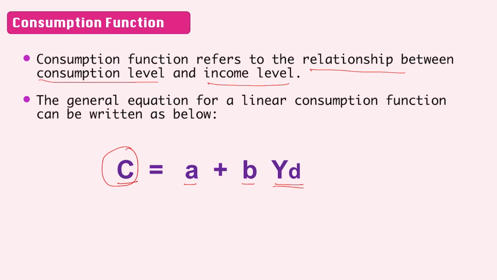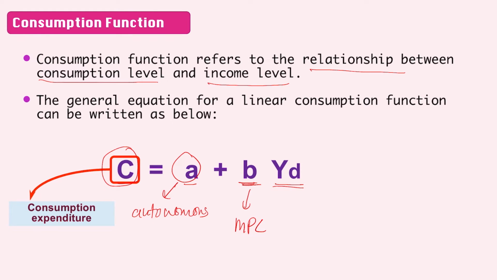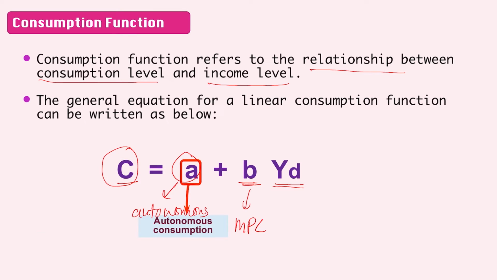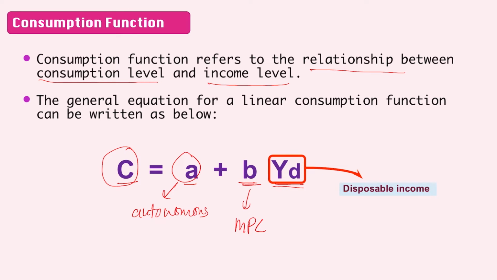C is consumption expenditure, A is autonomous consumption, which is independent of income, B is MPC, or the slope of the consumption curve, and YD is disposable income.